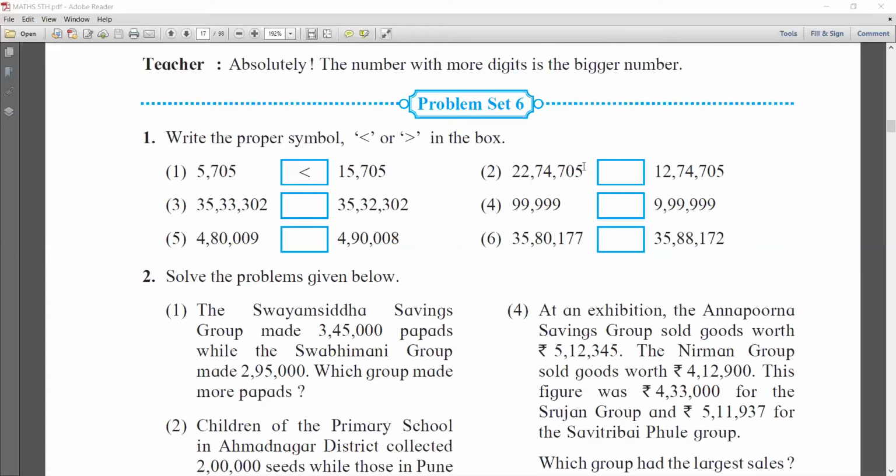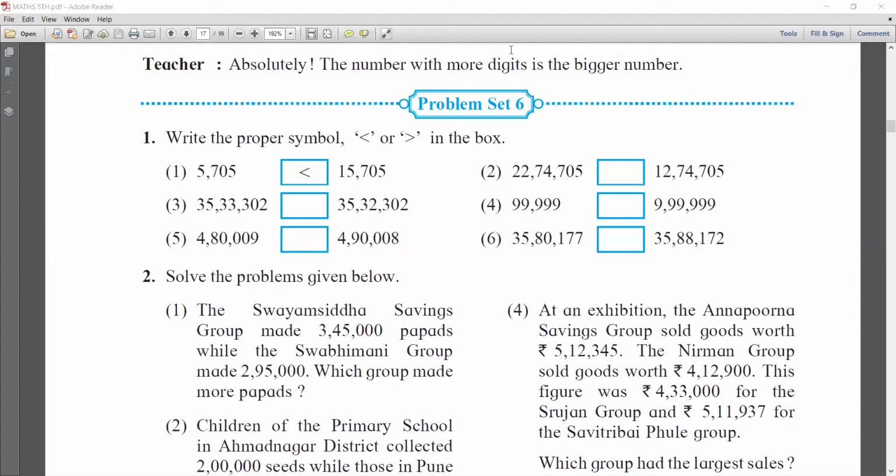22,74,705, and the next number is 12,74,705. This I will show you on the board so that you will understand. First one is already done.